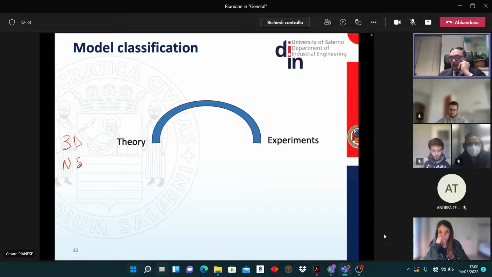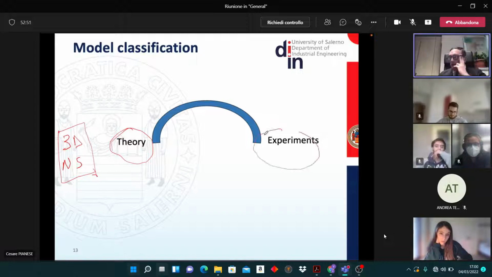Or any kind of complex problem, like compressible flow, where you have the correct equations. And this is one side. On the opposite side, we have representation based on experiments. As I said before, if you want to build models, you may rely on the theory or on experiments.